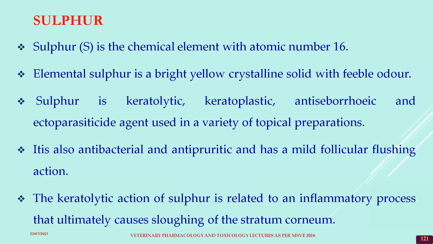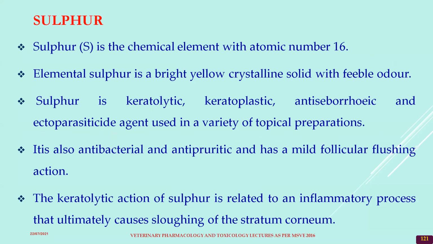Then sulfur. Sulfur is one of the basic chemical elements with atomic number 16. Elemental sulfur is a bright yellow crystalline solid with a feeble odor. Sulfur is a keratolytic, keratoplastic, antiseborrheic, and ectoparasiticide agent used in a variety of topical preparations.